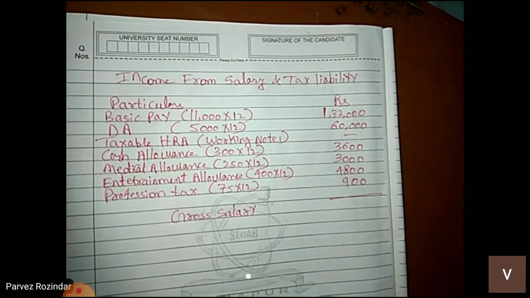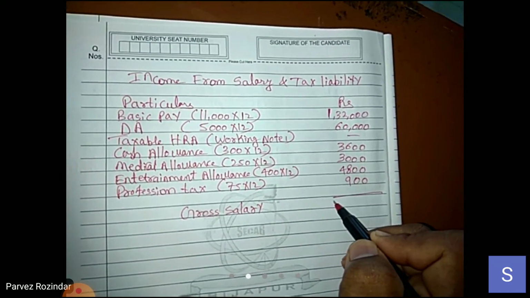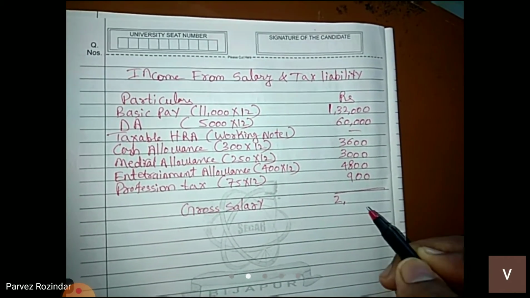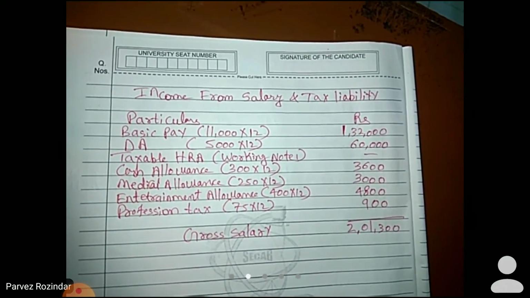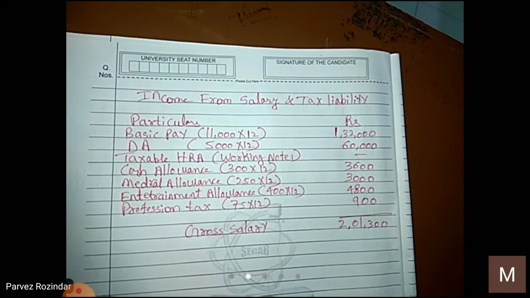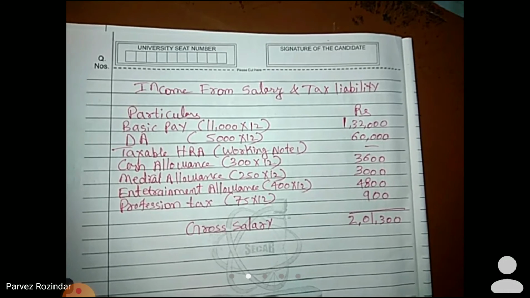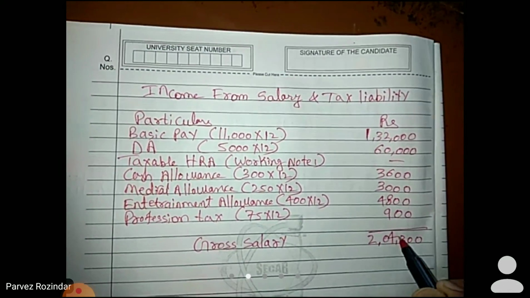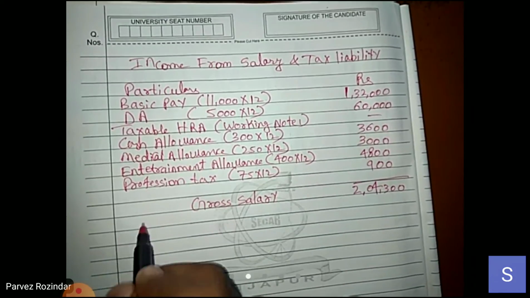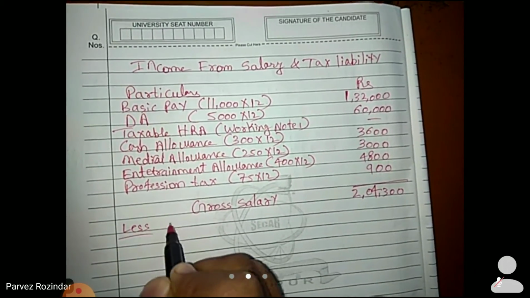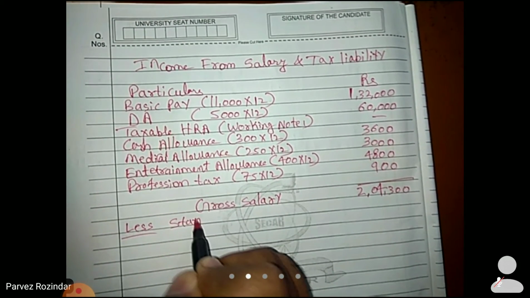So the total is 2 lakh 4,300. Then next, less standard deduction.